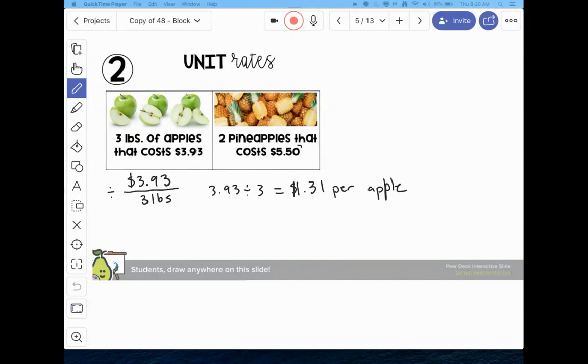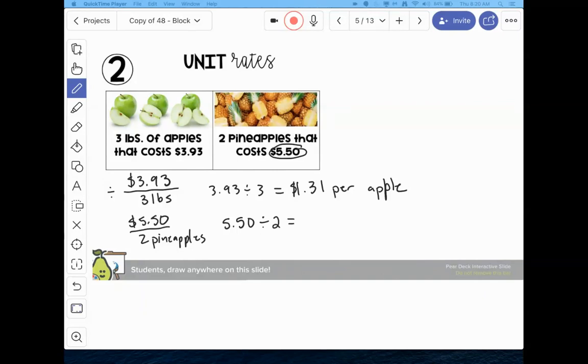So again, think about that cost on top. So $5.50 over 2 pineapples. We're working on that divide, right? So we can do the top divided by the bottom, because that'll get us to that 1, like we showed in that first one. So $5.50 divided by 2.